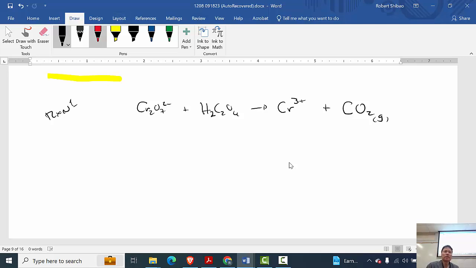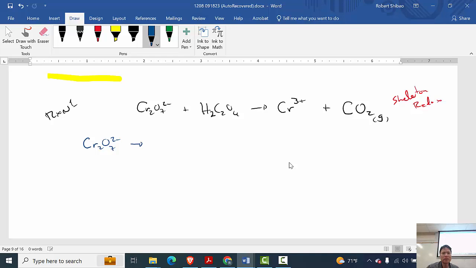This is what we call a skeleton redox reaction. In a skeleton redox, we just mix it together and see what happens. So we mixed it together, saw what happens. These are the major products. In skeleton redox, the first step is we separate it into 2 half reactions. The first half reaction is the dichromate.